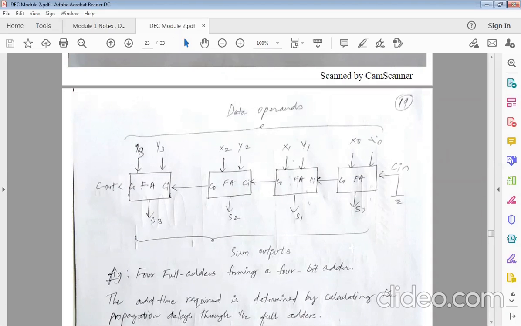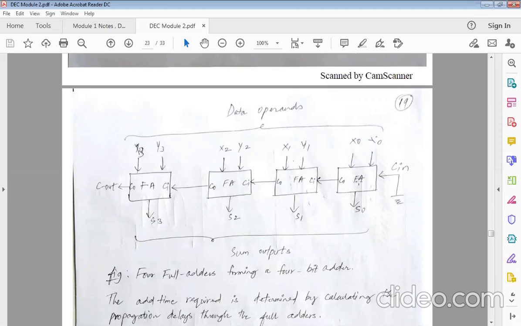With this one, what was the disadvantage? Using this, what was the disadvantage? It had to wait for stage after stage. But here, no matter which stage it is, I am putting the equation in such a way that it depends only on my C1, the first stage carry.